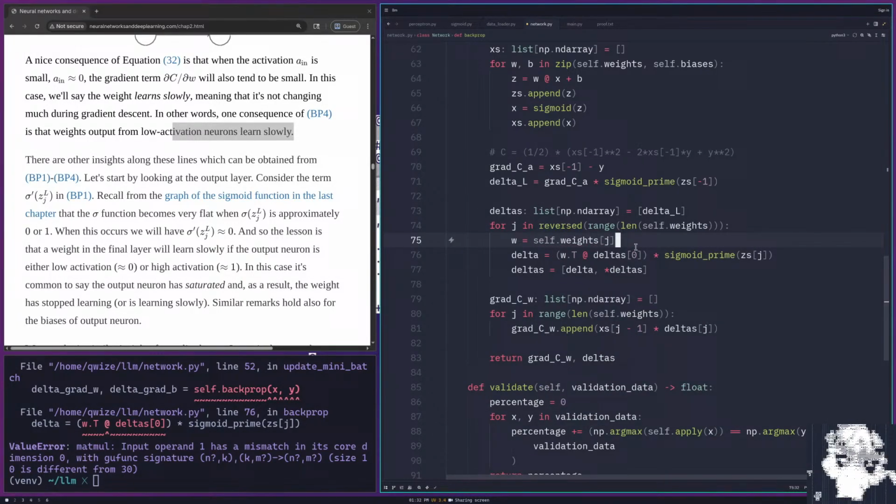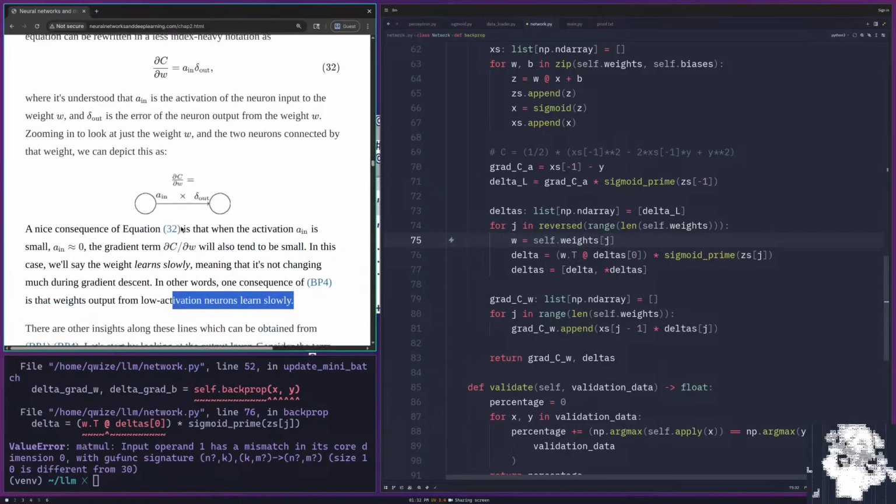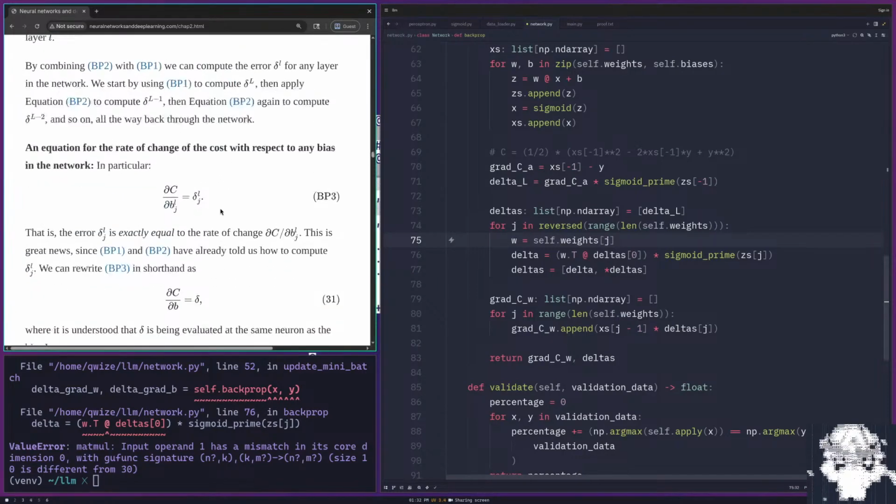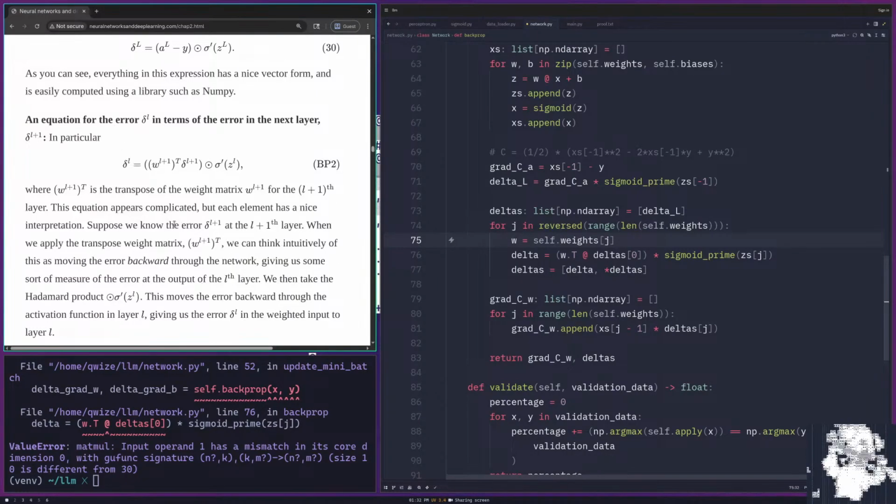But these are not the same layer, right? So I need them to be... Let's look at the formula here. I want the formula for delta. W of j plus 1 transpose.